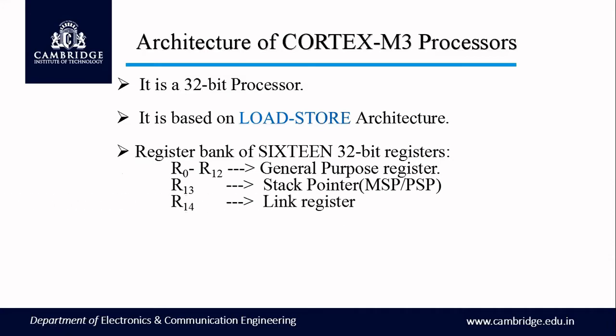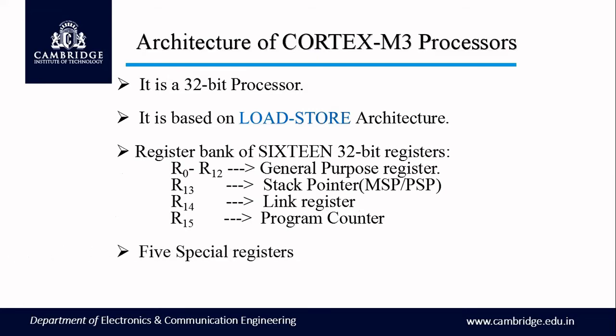R14 is the link register and R15 is the program counter. Apart from these registers, we have 5 special registers, out of which 3 are used for interrupts only. So these are the different registers that are available for programming. Next, the ALU, the arithmetic logical unit, must be capable of performing 32-bit operations because it is a 32-bit processor.